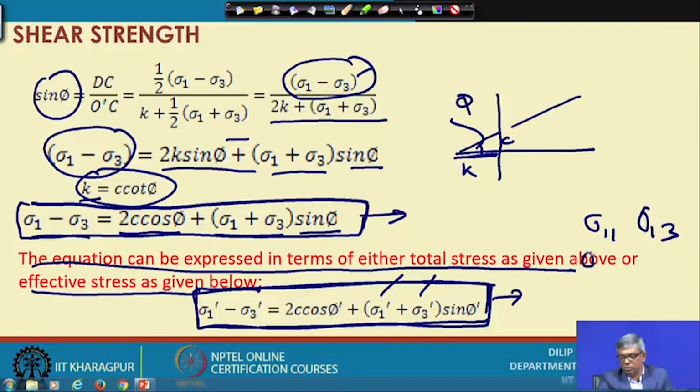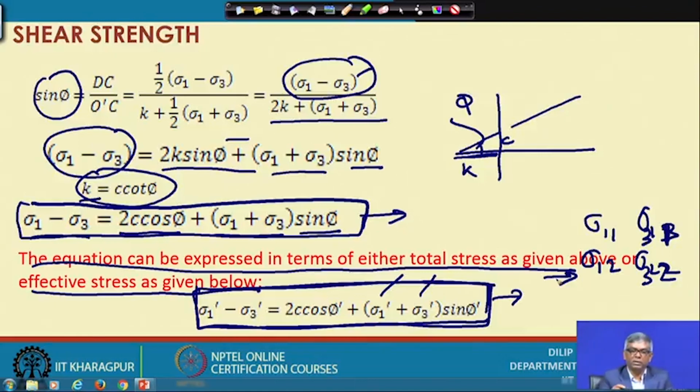Suppose sigma 1 2 and sigma 3 2. This is another set, and the same equation I can express in terms of this, since C and phi will be unchanged. So, from the two equations, by solving, I can find out C and phi.